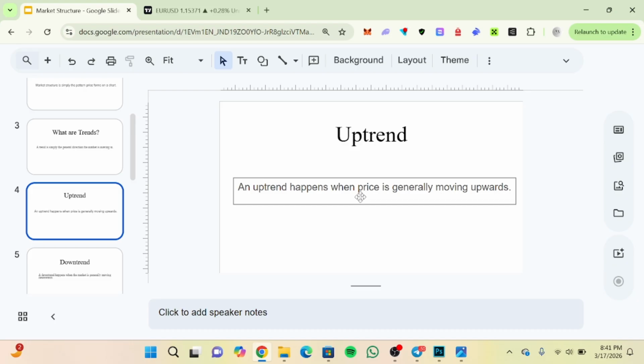On the chart, this usually looks like higher highs and higher lows, meaning price keeps pushing higher over time. And when the market is in an uptrend, traders usually look for buying opportunities because the overall direction of the market is upwards. So it is only reasonable that you are looking to buy. You shouldn't be looking to sell when you're in an uptrend.